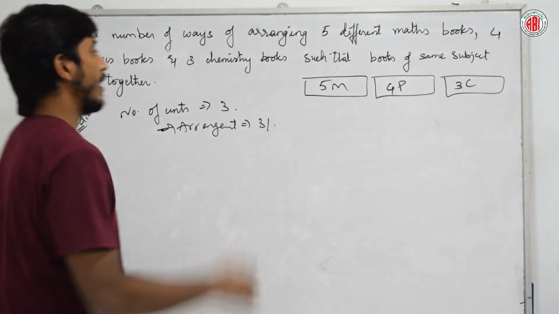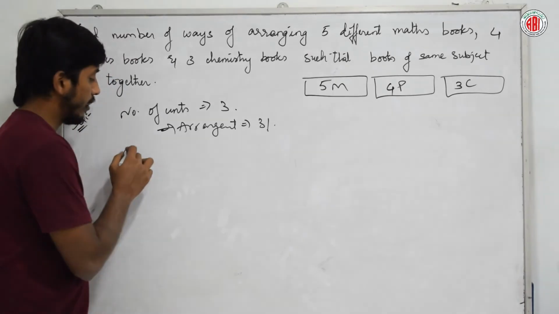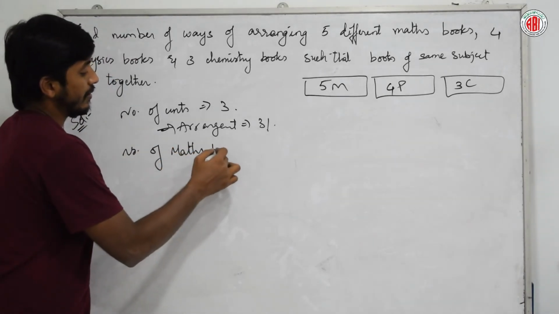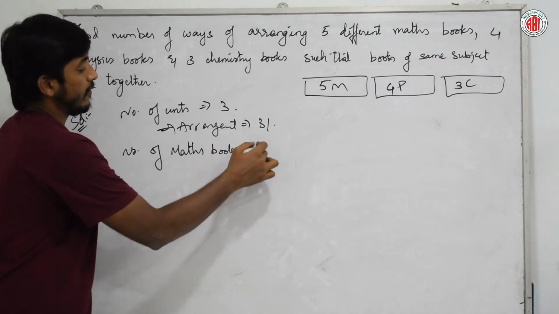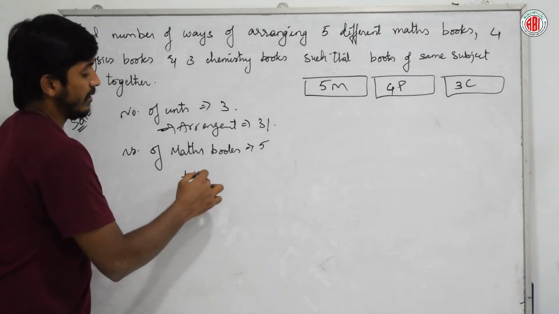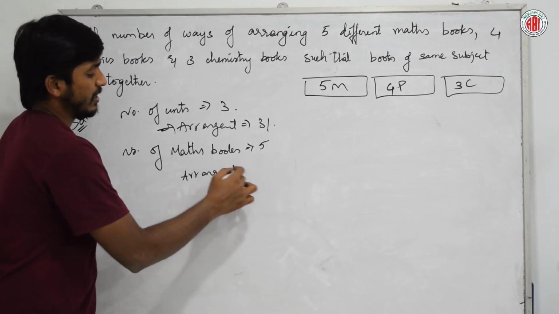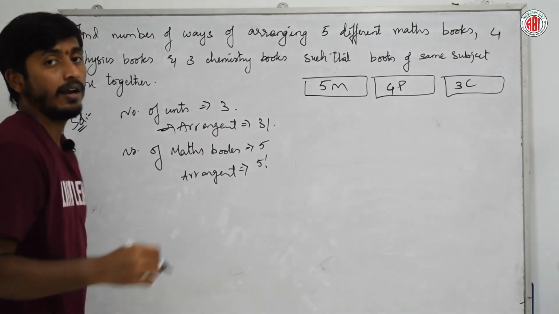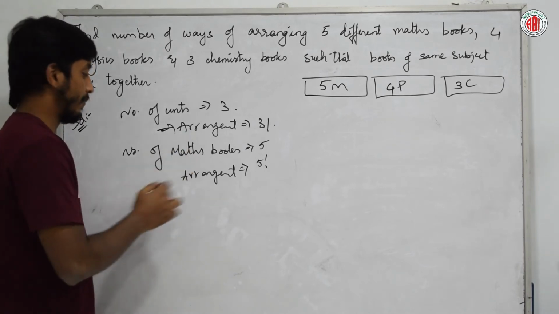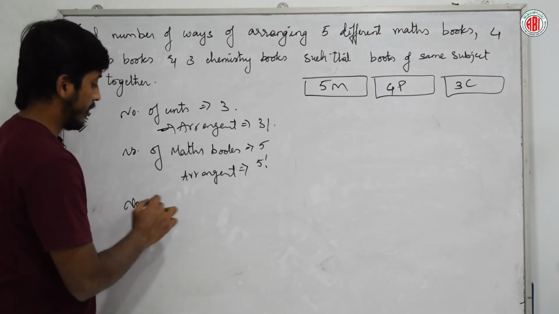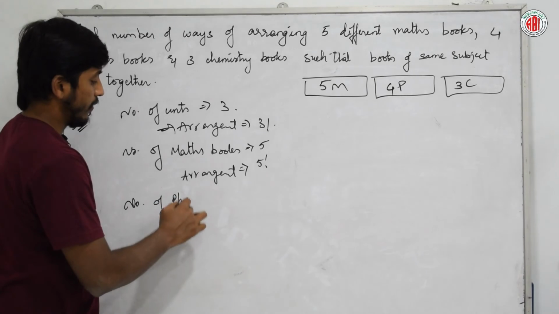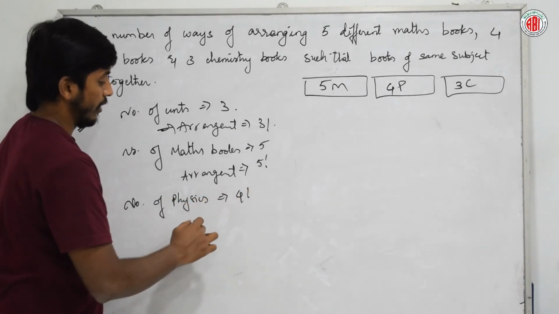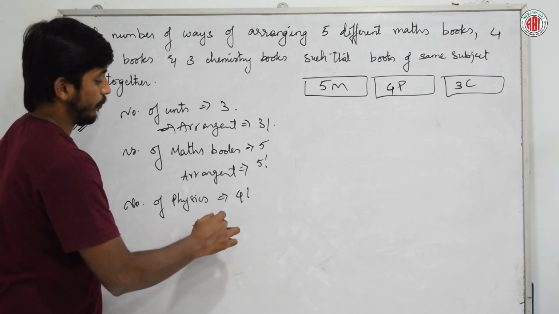Right? Next, how many maths books? Number of maths books is 5. Arrangements, we can arrange 5 books inside itself, 5 factorial. Right? Next, physics books, number of physics books is 4.